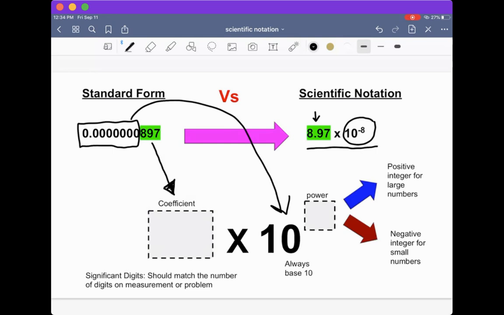Our power is going to be how many places we moved the decimal. Notice there's a decimal here, and remember that decimal is like a placeholder, so we know if it's a big number or a small number. In your coefficient, you will always have a whole number, then a decimal, and then the numbers after the whole number.